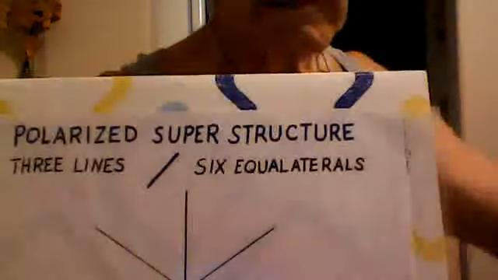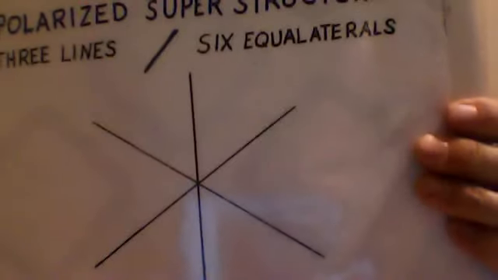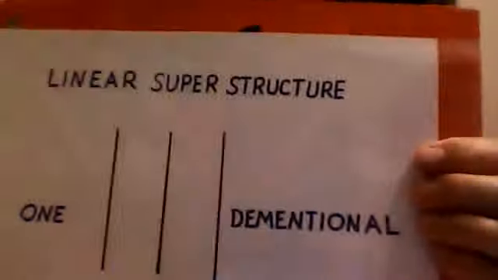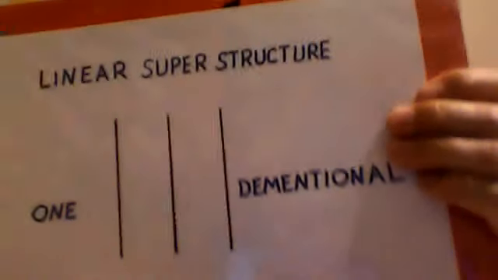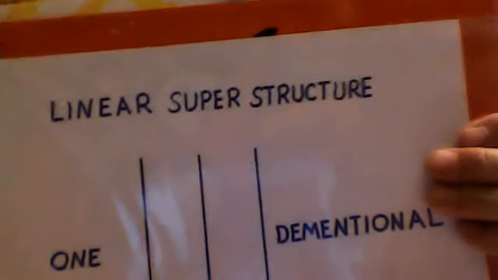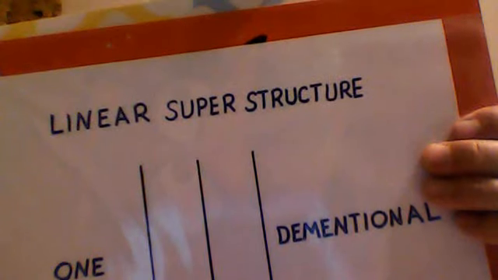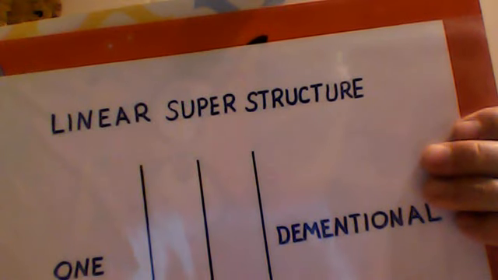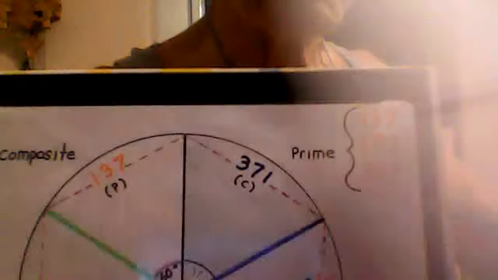Let's go back to the 6 sides, the internal crystal. There's the 3 dimensions. Now this superstructure takes the shape of different geometry because of its elusiveness. It's about as elusive as the 137 prime.